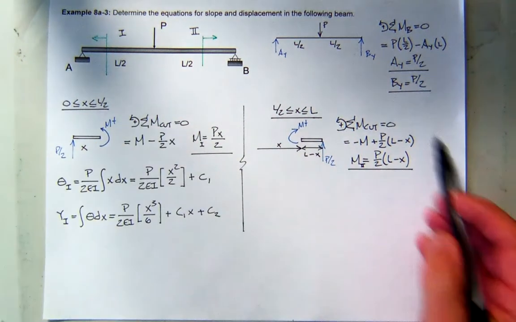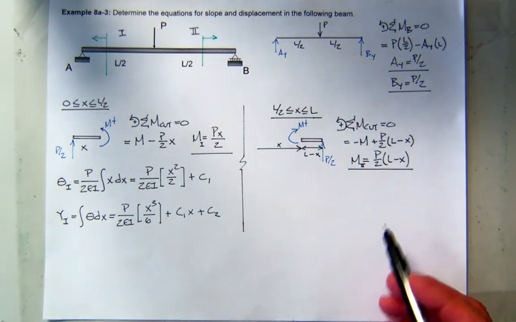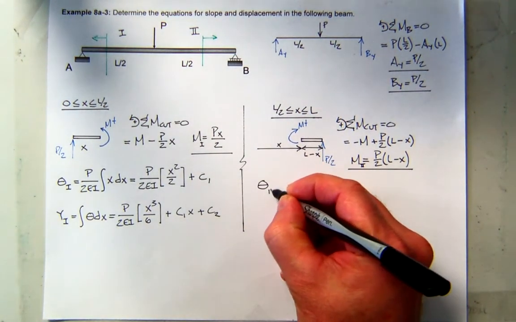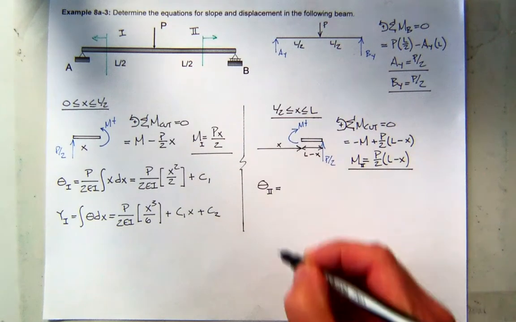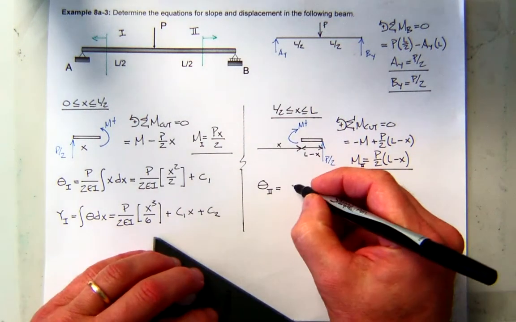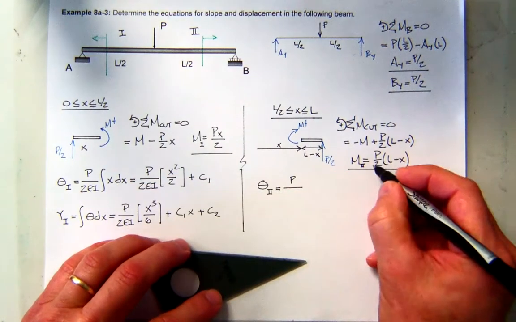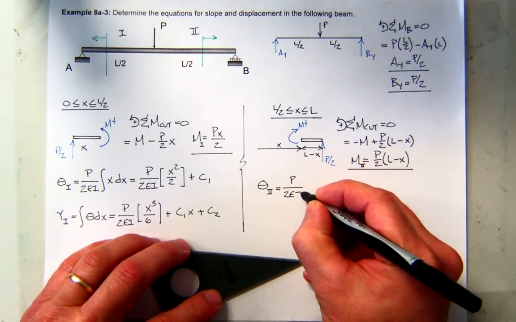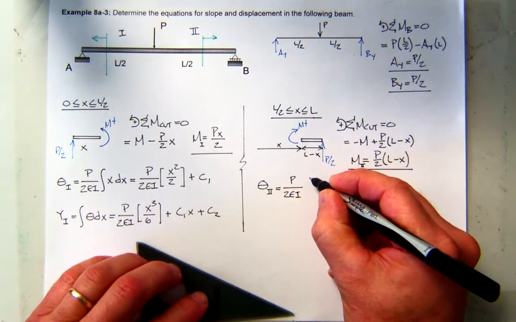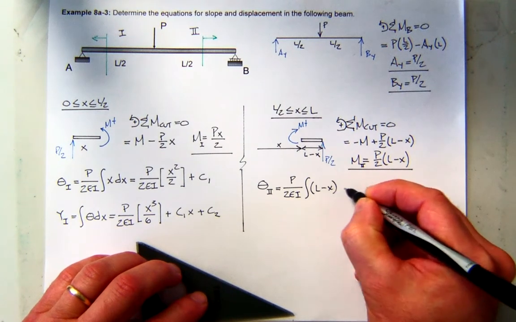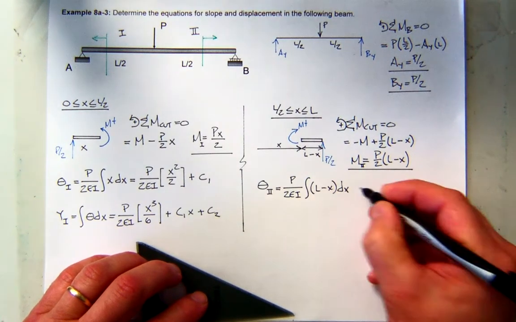Well, I have to do it for section 2. So let's do the same thing. The slope in section 2 is going to be P over 2 and then divided by EI, so P over 2EI, that's the same. And then I'm going to integrate L minus X dx.